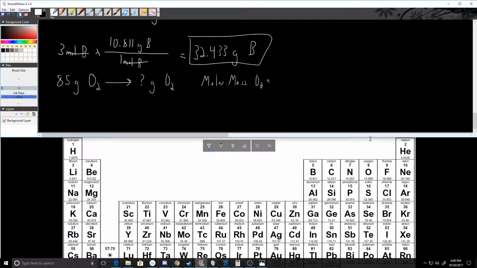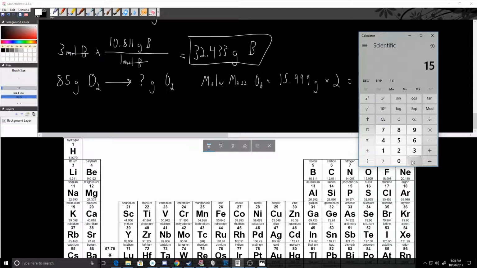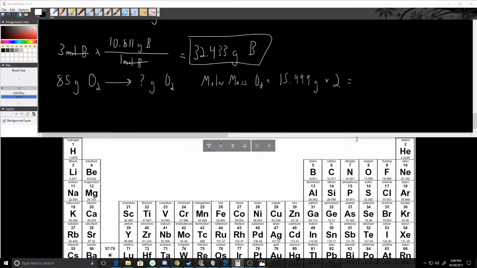The mass of one oxygen is 15.999. But in this case, I've got two oxygens, so I'll need to take that mass times 2. 15.999 times 2 is 31.998.